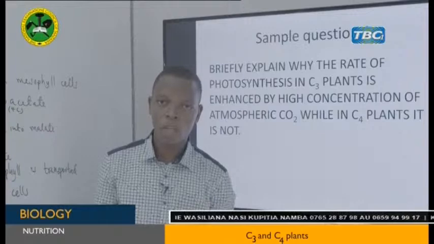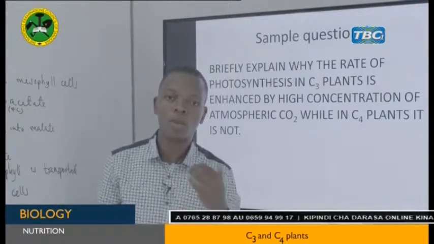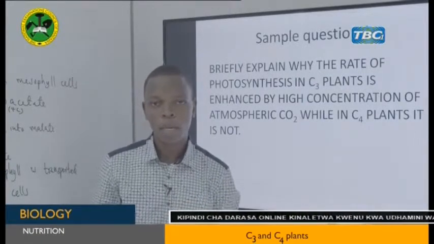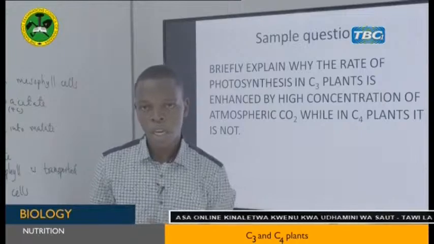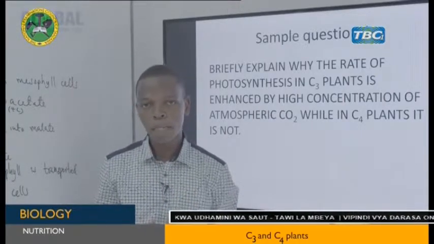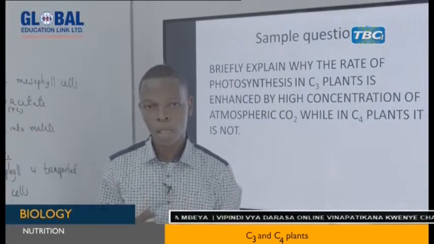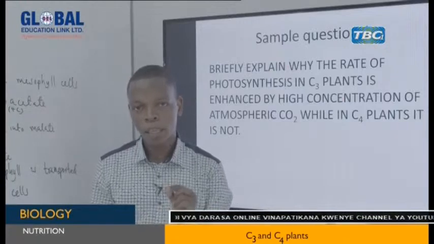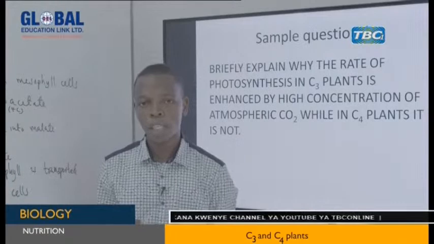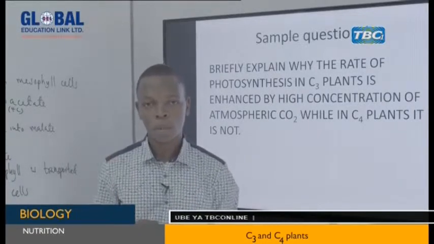When you increase carbon dioxide concentration, the rate of photosynthesis in C3 plants tends to increase. But in C4 plants, it is not enhanced by an increase of carbon dioxide concentration. This is because of the leaf anatomy of C4 plants. C4 plants have 2 types of chloroplasts, mesophyll chloroplasts and bundle sheath chloroplasts. The C4 plant has the ability to maintain a higher carbon dioxide concentration in the inner bundle sheath cells compared to that of the atmosphere.